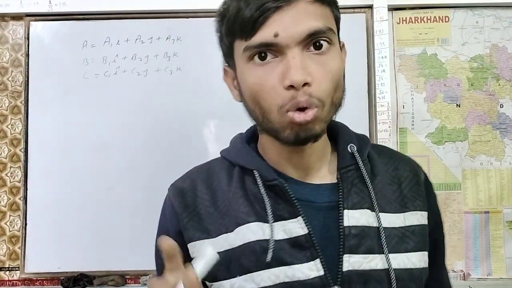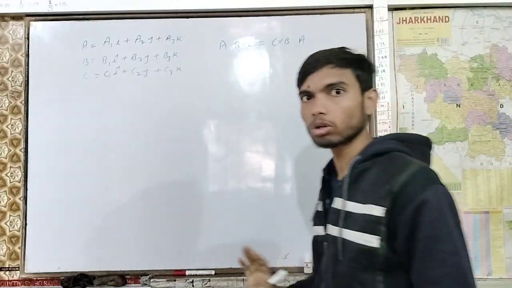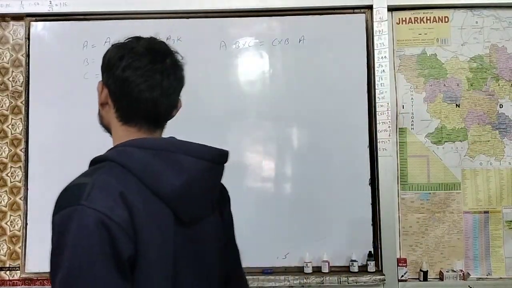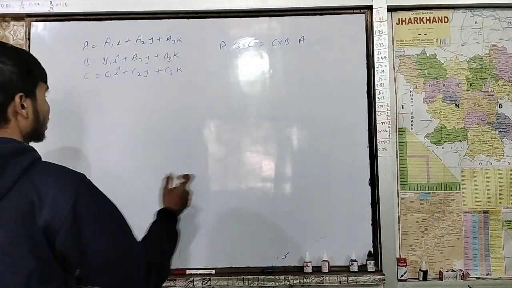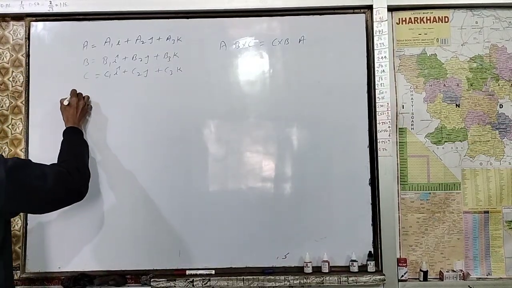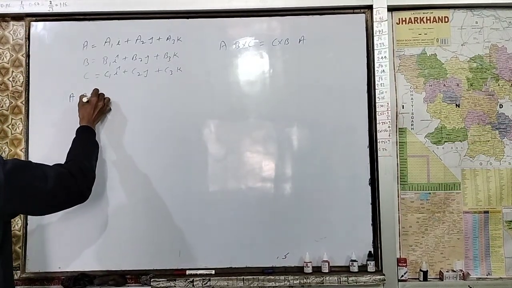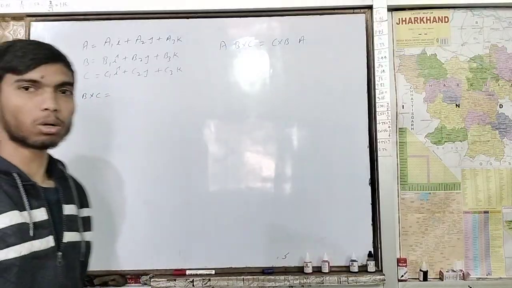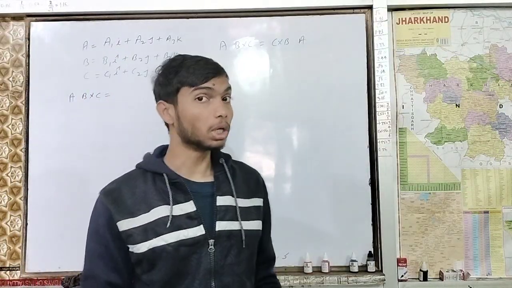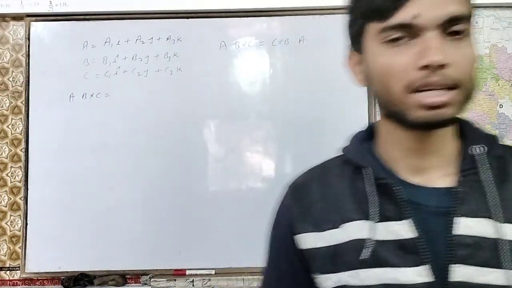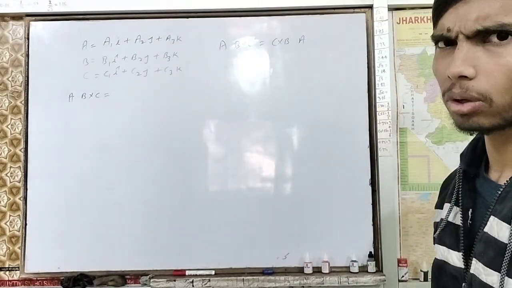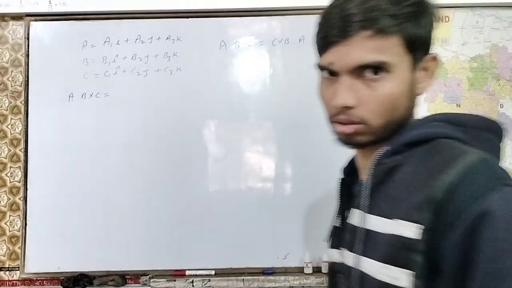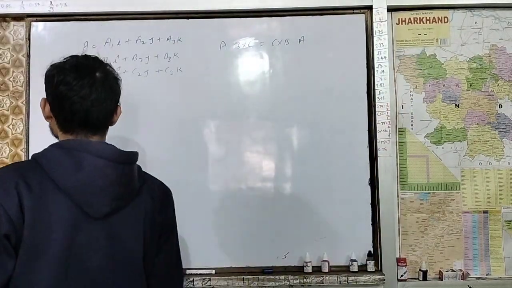If a bracket is not applied in this formula, and the question is saying A dot B cross C, there is no bracket. Do we need to be confused? My answer is no.